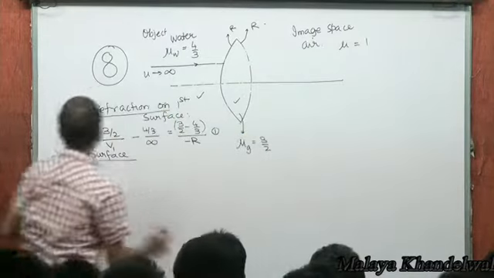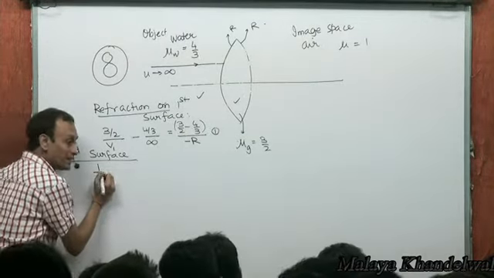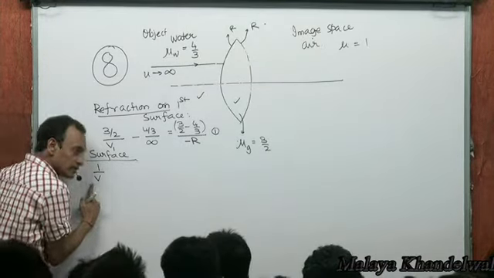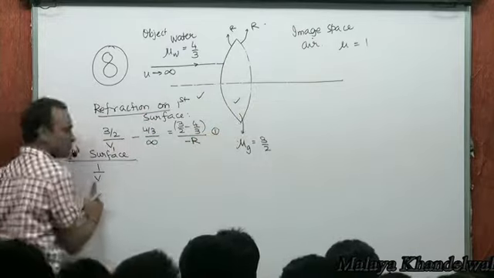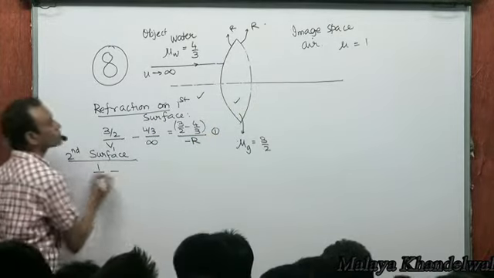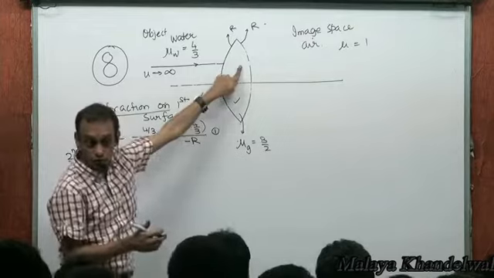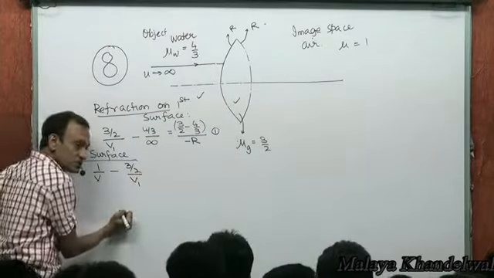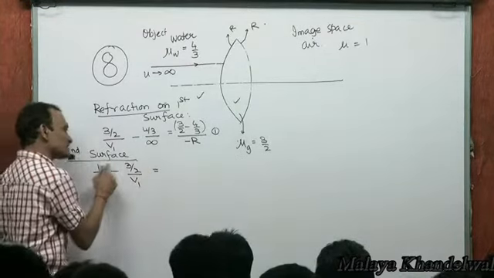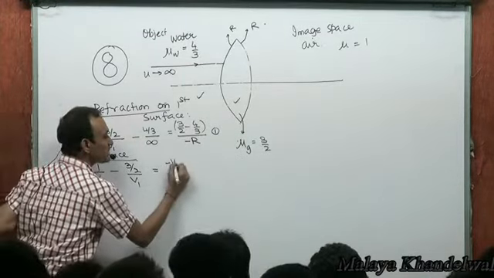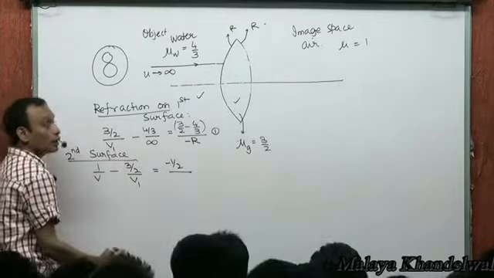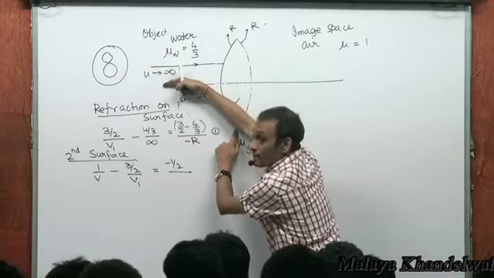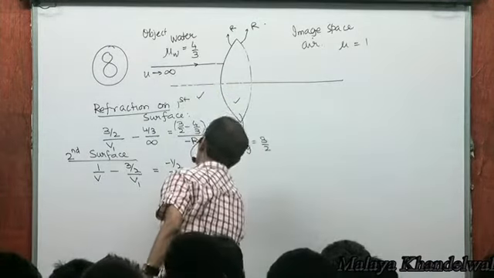Image space refractive index by final image distance v, which will also give me the focal length of the system, minus object space refractive index, which is 3 by 2, divided by v1 object distance, is the difference in the two refractive indices, 1 minus 3 by 2, which means minus half, divided by r, right? Because the center of this lies in this direction, measured opposite to the direction of the incident ray, so plus r.